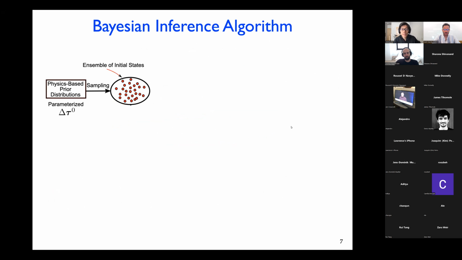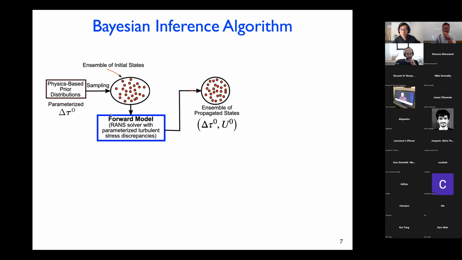algorithm that we use. So first, we assume that we have access to some physics-based prior distributions. And then from that, we can sample delta tau, the Reynolds stress discrepancy. And then we have an ensemble of initial states of delta tau.